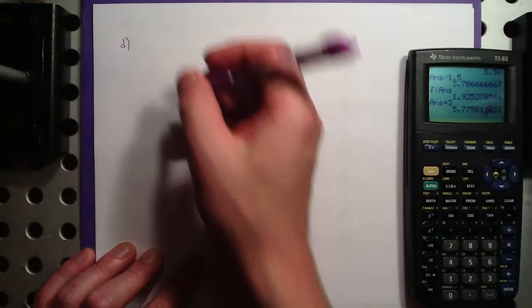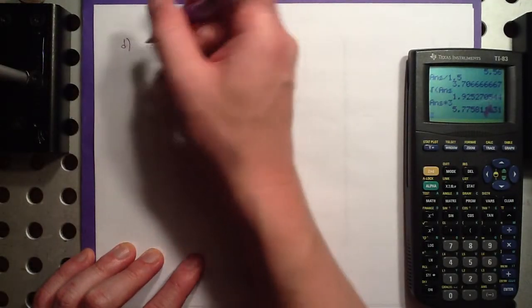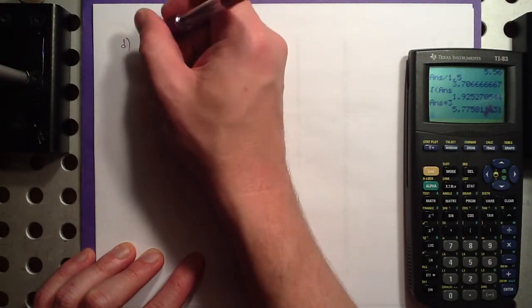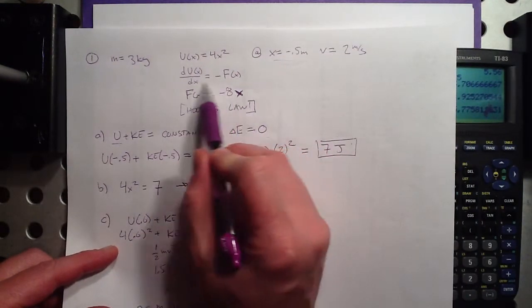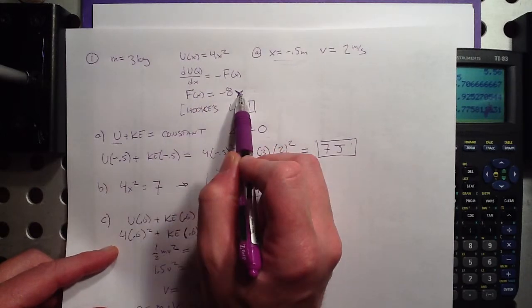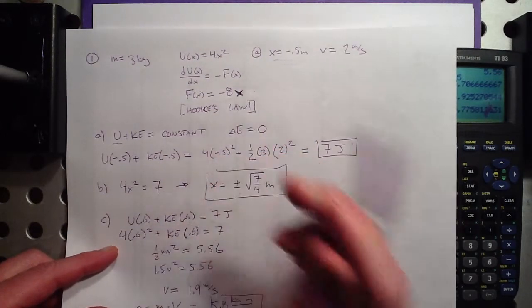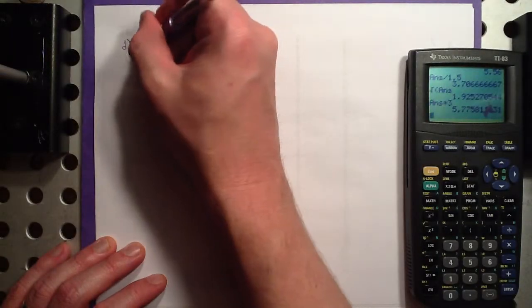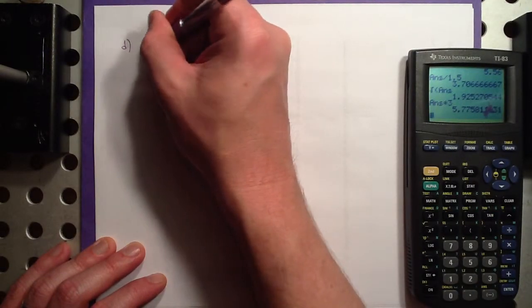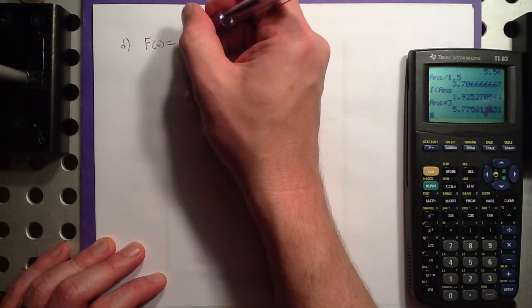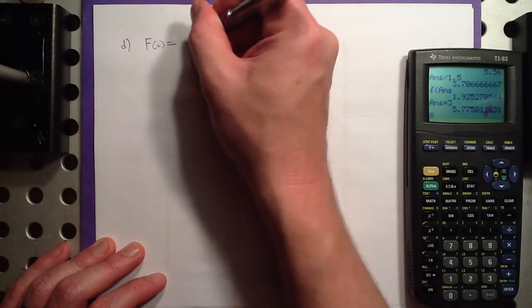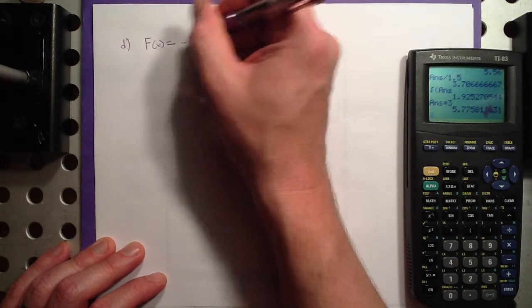Well, let's see. We know already, I think we calculated earlier, at the very beginning of the problem, we realized that the force, the function of distance, is negative 8x. So if we didn't do that early on, I think we'd be tempted to do it now, because if you're asked for acceleration, you should think force, right?